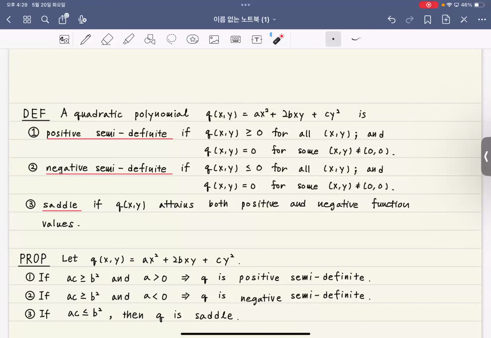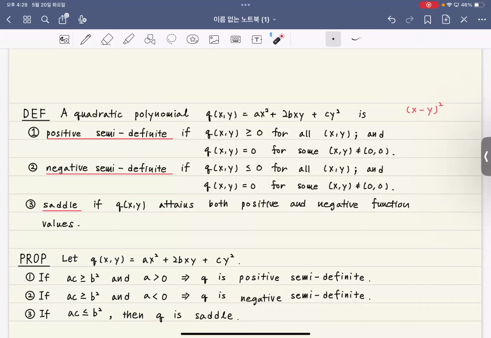Can you think of any nice example of positive semi-definite polynomials? Maybe like this: (x minus y) squared. This is clearly not a positive definite polynomial, right?